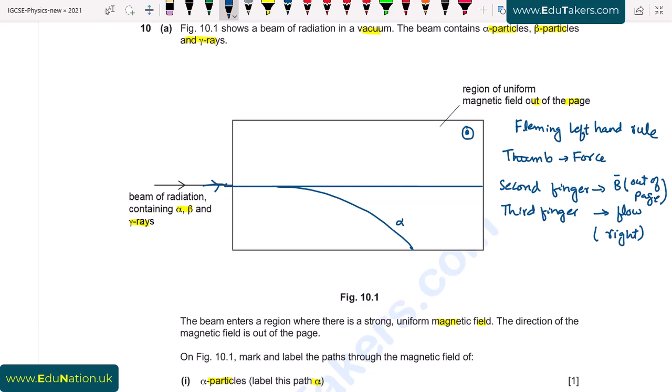So their deflection will be in opposite direction to that of alpha particles. So they will be deflected in upward direction and they will be just like this. Second, gamma rays are neutral. They do not have any charge. So they will go straight. This is the direction of gamma rays.